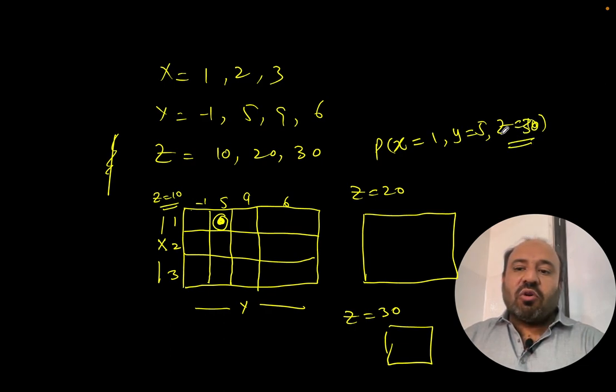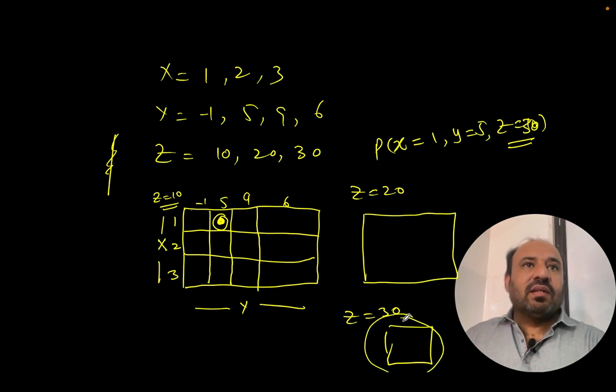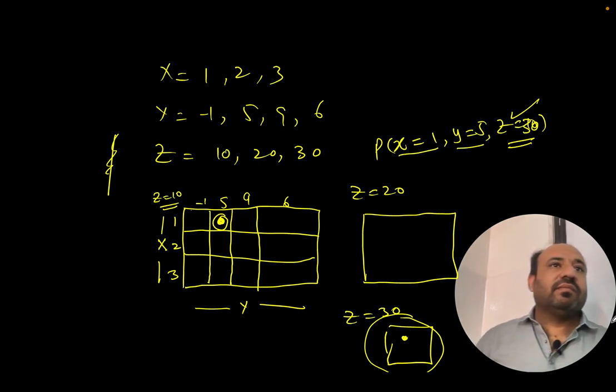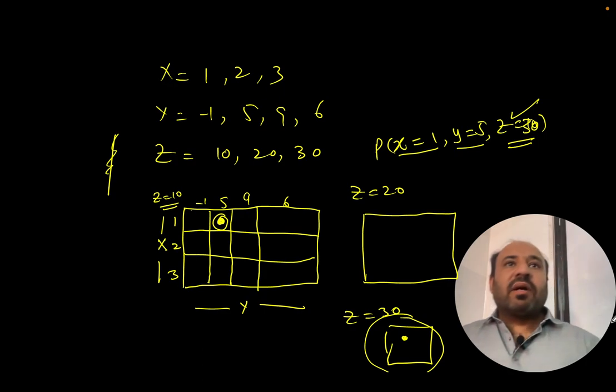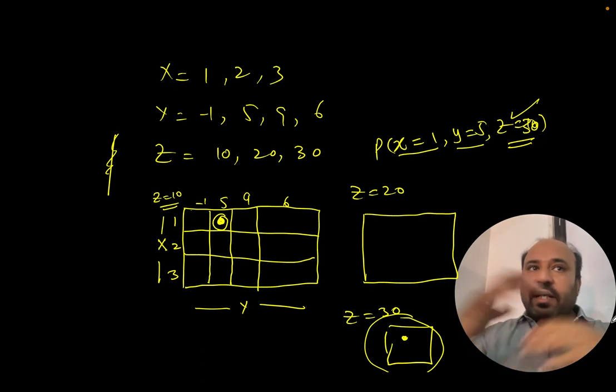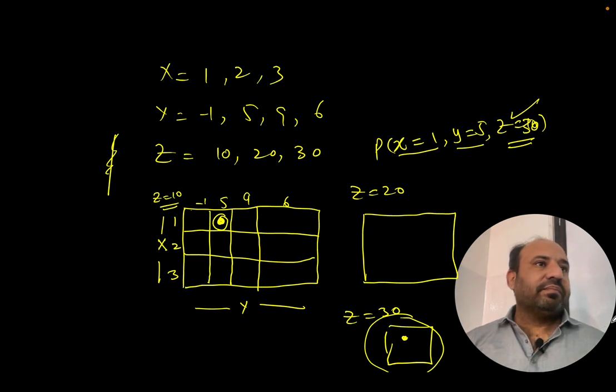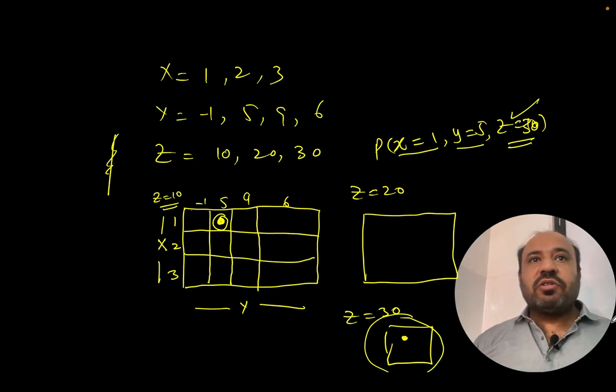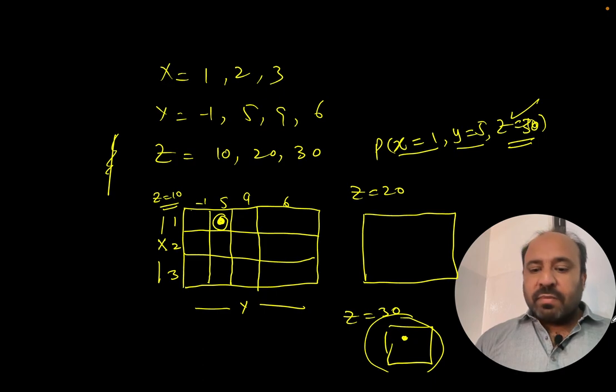First of all, go and see z equal to 30. This is the matrix. Z has done its job. Now go for x equal to 1 and y equal to 5 inside the cell. But remember, all these matrices must add up to 1. All the entries must add up to 1, because it is a distribution. Make sense?